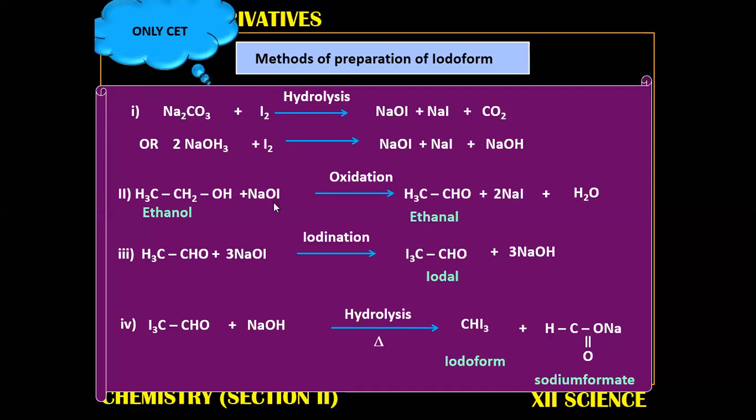This sodium hypoiodite oxidizes ethanol to ethanal. Ethanal further undergoes iodination to form iodal, and iodal gets hydrolyzed with NaOH to form iodoform. And the correction is not to write this 3. Here write water instead of NaOH, and not to write this 2. Only 3 corrections.